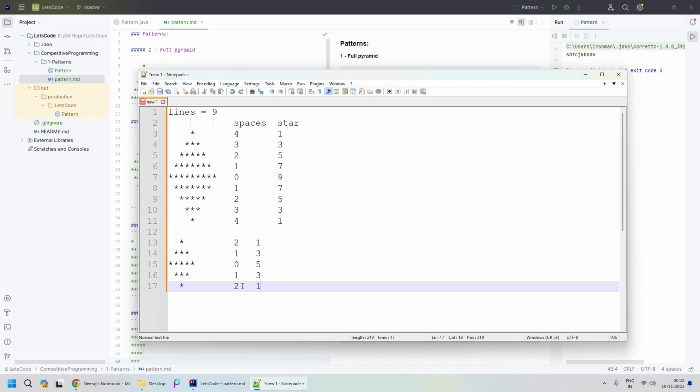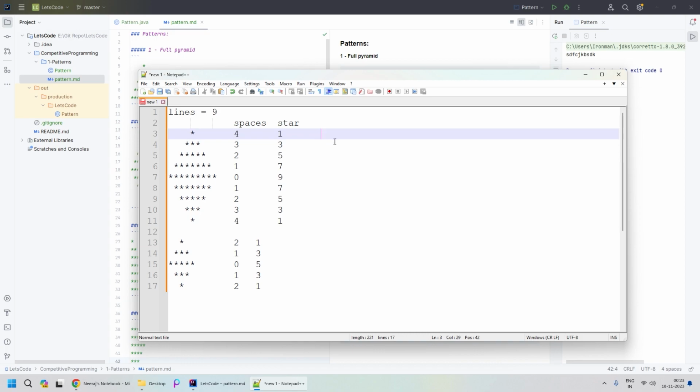Now, how do we convert this pattern into a formula? How do we calculate at what line how many spaces to print and how many stars to print? If you see here in the very first line, we have a total number of lines as 9, and we have spaces equal to 4.